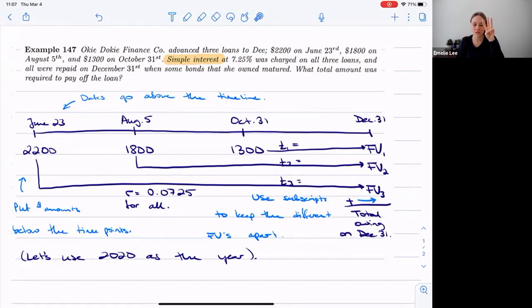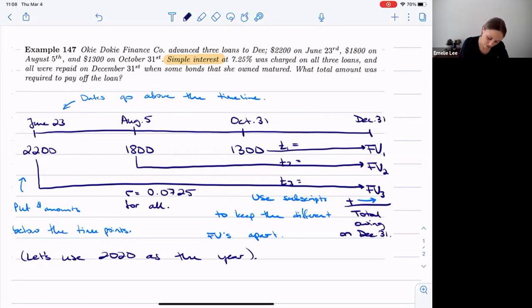I usually draw them with my fingers, so I know I'm going forward and have to find the future value. In general, whatever is on the left of the arrow is the present value, and whatever is on the right of the arrow is the future value.